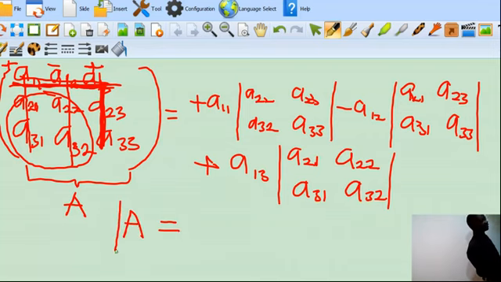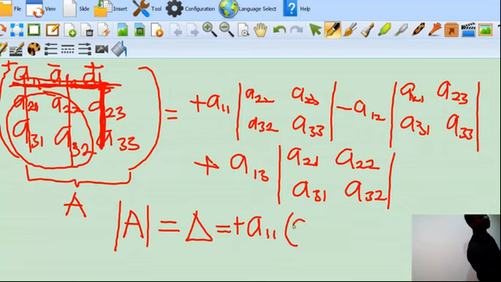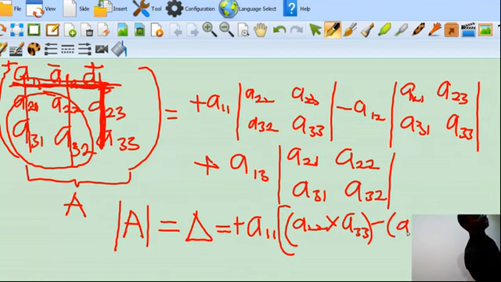This can be represented with this sign, which is called a delta sign. Then from this you can obtain your determinant: A11 multiplied by the bracket A22 multiplied by A33 minus A32 multiplied by A23.